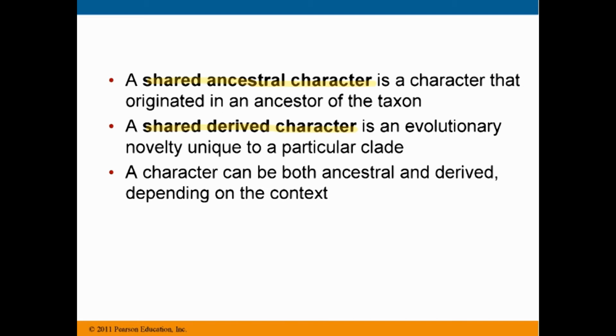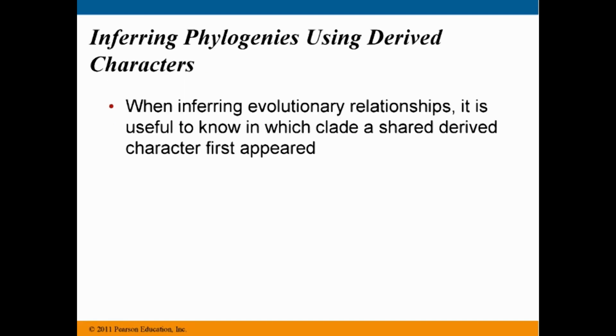A character can be both ancestral and derived depending on the context. I left that in there just because I want you to be aware of that. It doesn't come up that often. So know the definition of the shared ancestral character and the definition of the shared derived character.